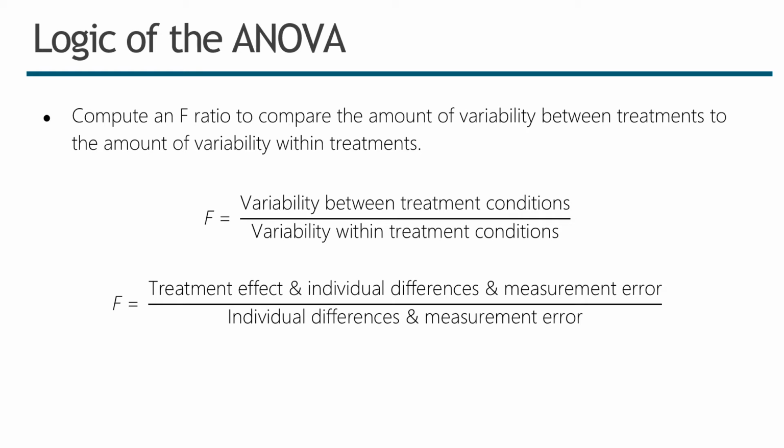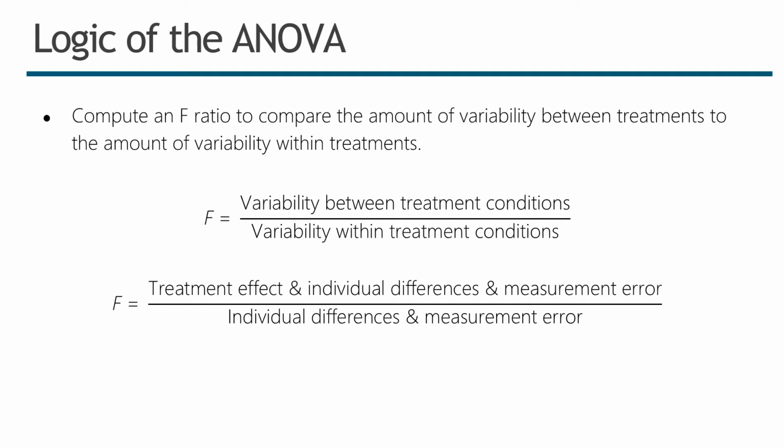So when you're computing an ANOVA, you get an overall F ratio. You're going to compute this F ratio, which is computed as the variability between treatment conditions divided by the variability within treatment conditions. So the numerator here is variability between treatment conditions, and you can have differences or variability between treatment conditions for 3 different reasons. One reason may be that you actually have a treatment effect, right?